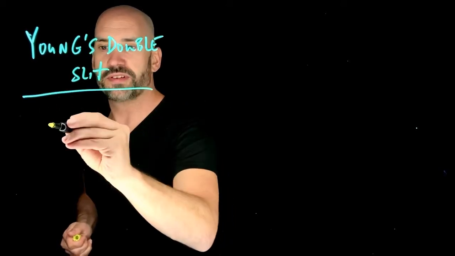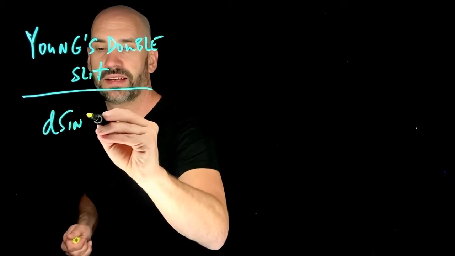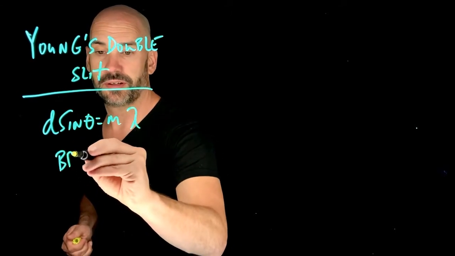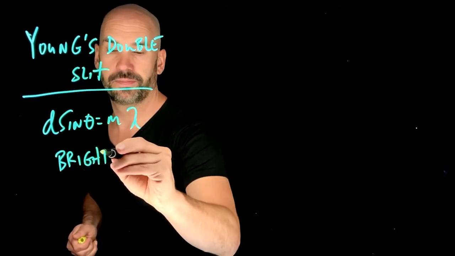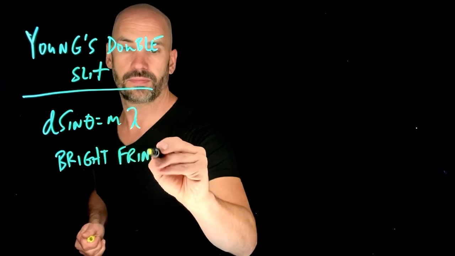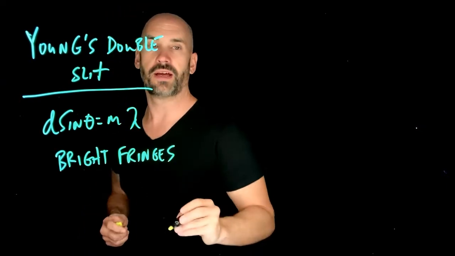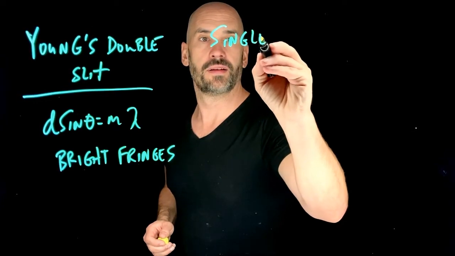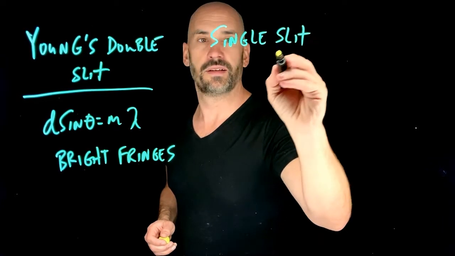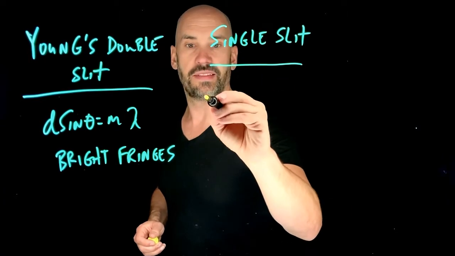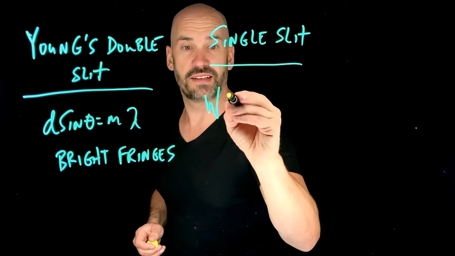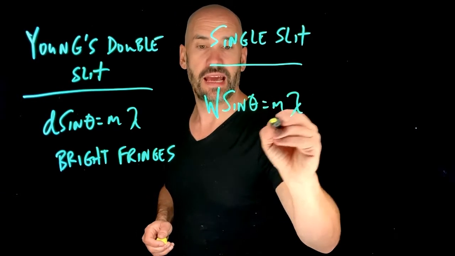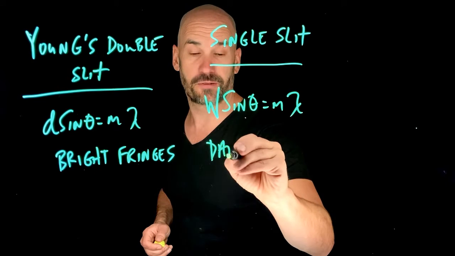That was d sine theta equals m lambda, and that gives us the location of bright fringes. We had single slit diffraction, and that relationship is the width of the slit times sine theta equals m lambda, and that gives us the location of dark fringes.